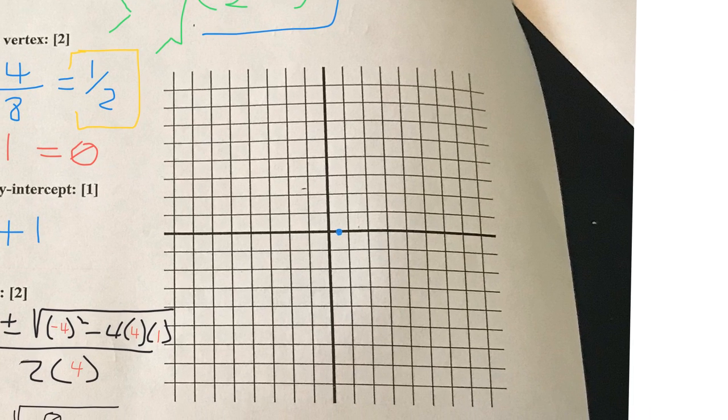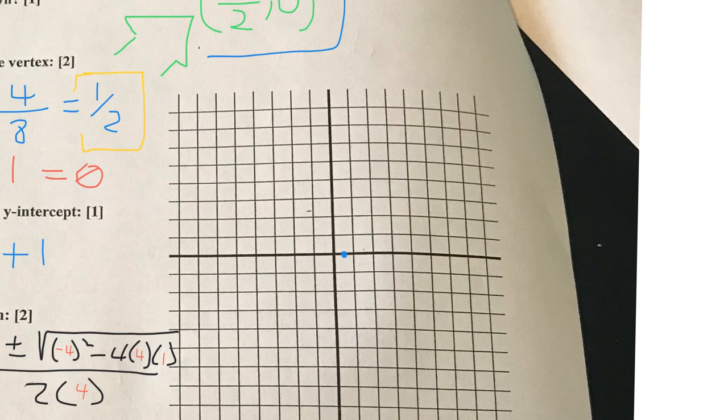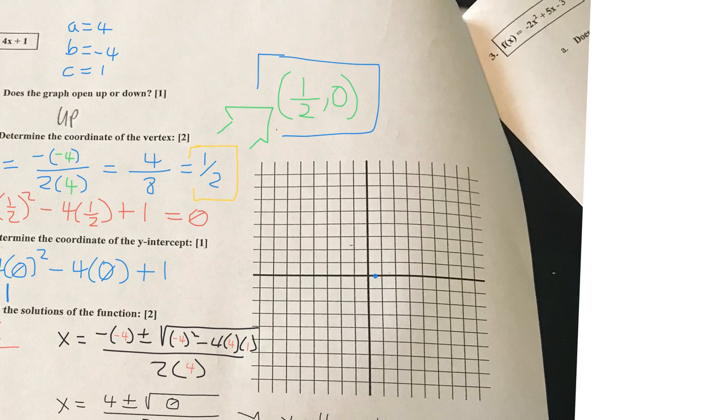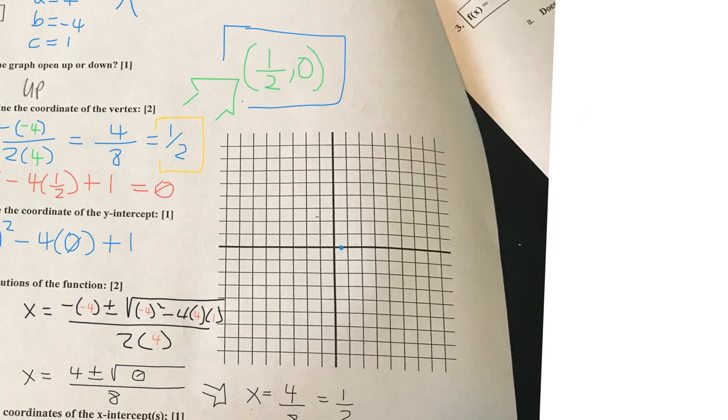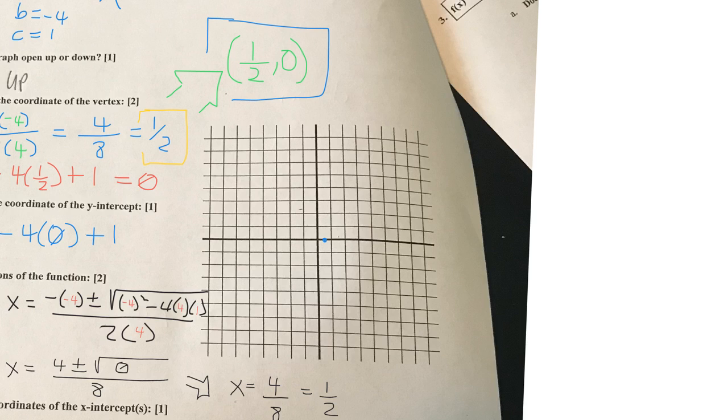So if it's going up and a is 4, that means that we're going to take into account the fact that a is 4, which, by the way, that's really 4/1, right? And if we're going to treat that as the slope, this is the rise and this is the run. So that means that this thing goes up 4 and over 1.